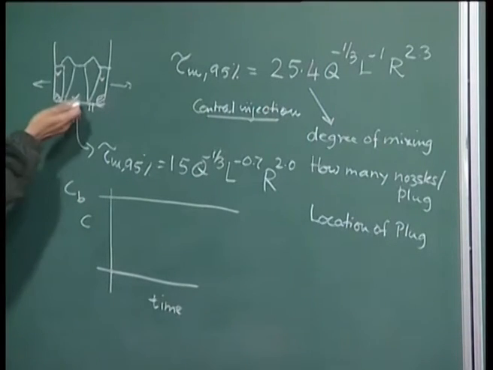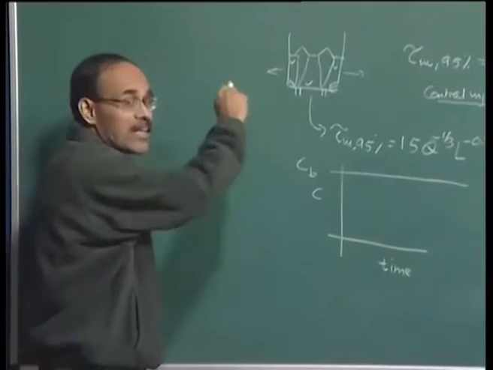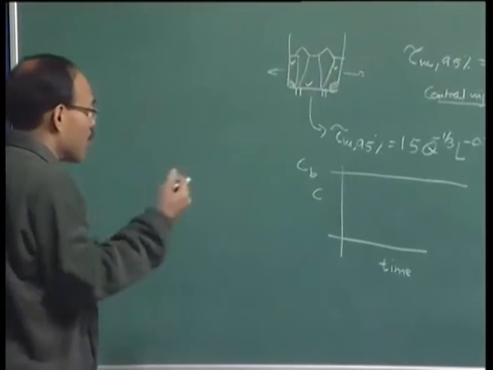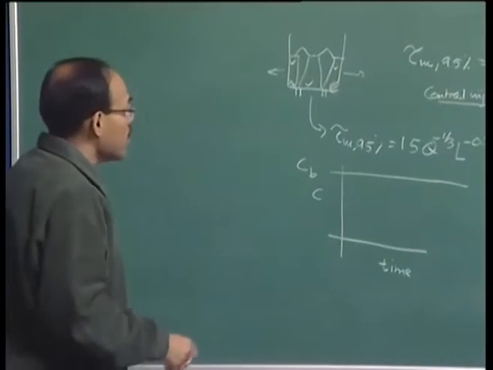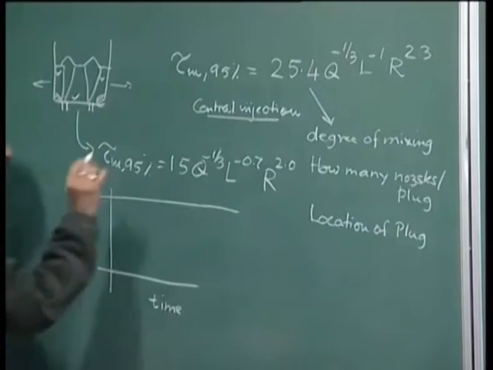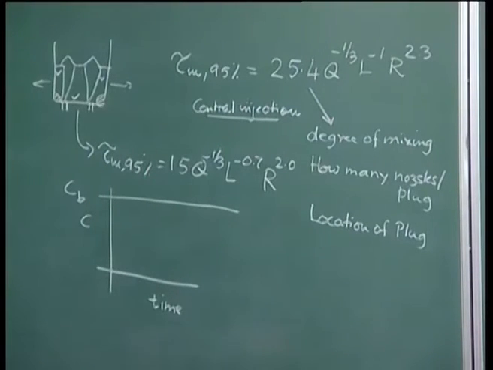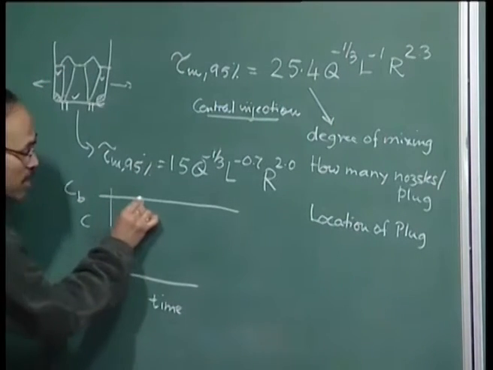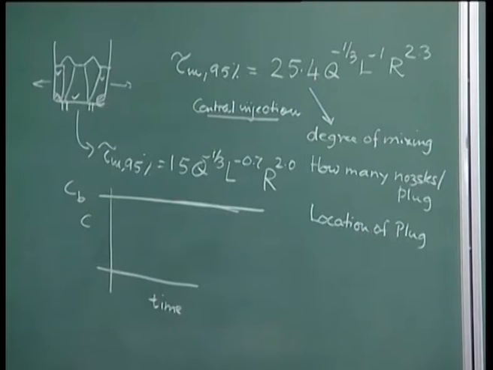For example, if I have 1 ton of liquid and I have added 1 kg, the uniform concentration is going to be 1 by 1000 multiplied by 100 in terms of percentage. That is the uniform bulk concentration, which is nothing but the mass of the added element divided by the total mass of the fluid in the system. That is the final attainable concentration in the system.